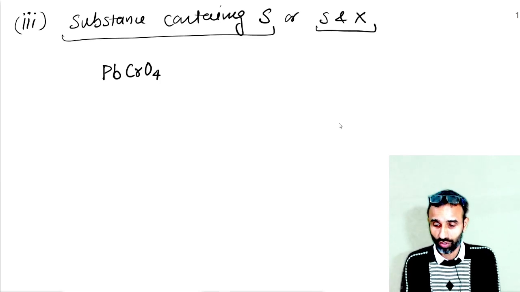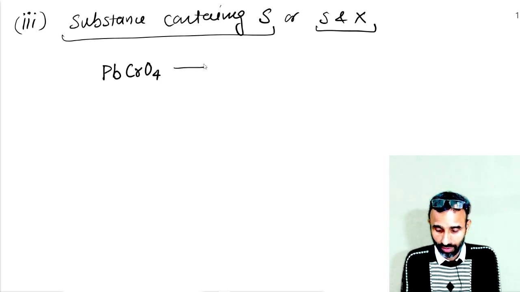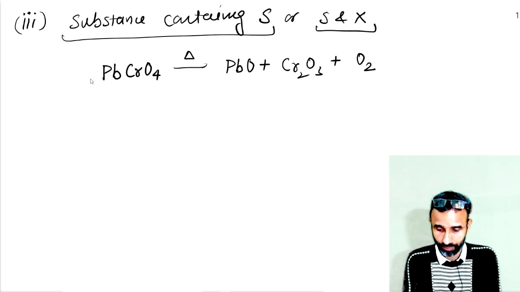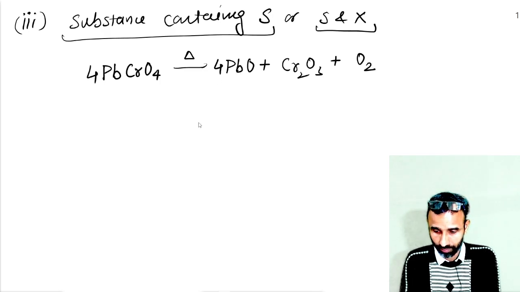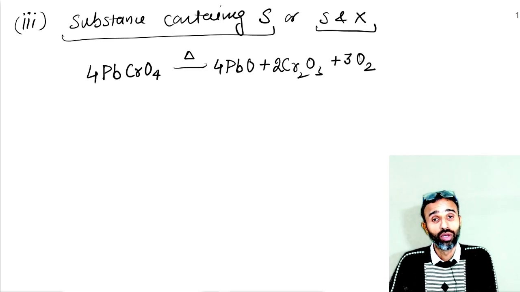At the end of the tube we will place lead chromate, because when we heat lead chromate, it will give PbO, Cr2O3 and O2. Okay, so it will give O2.